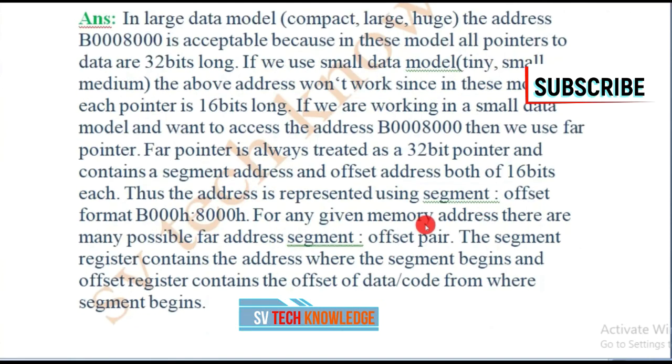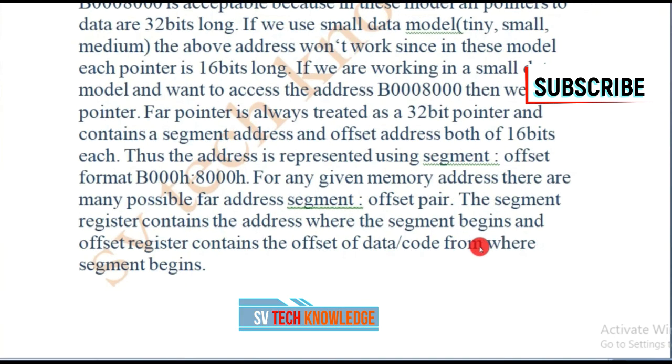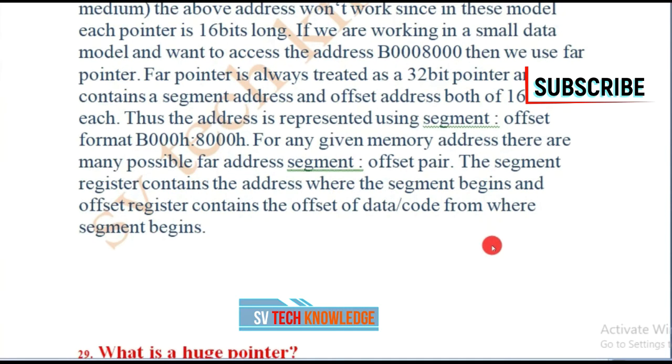Thus the address is represented using segment:offset format, which is B000H:8000H. For any given memory address, there are many possible segment:offset pairs. The segment register contains the address where the segment begins, and the offset register contains the offset of data or code from where the segment begins.